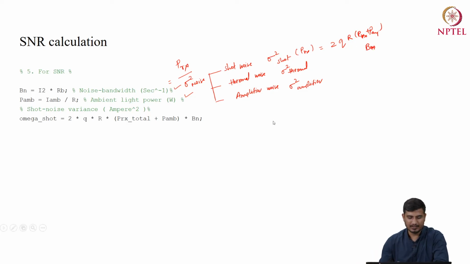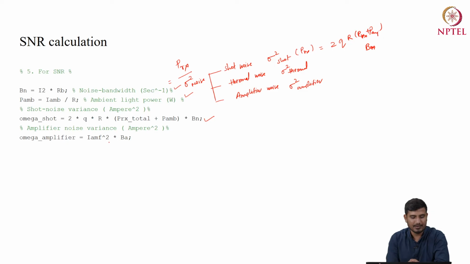So we have simply written the equation of the shot noise. You will get a vector sigma shot, which will represent your shot noise, and then the amplifier noise, which is nothing but I amplifier square divided by the amplifier bandwidth, which we have already defined.